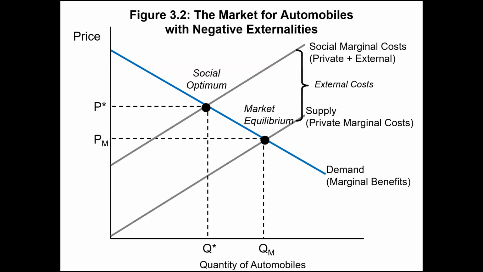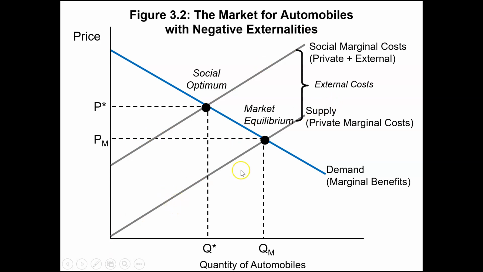And when we introduce externalities to the supply and demand model, it looks something like this. So notice the private marginal cost of a car is lower than the social marginal cost. So there's some cost to society on top of the cost of producing the car.